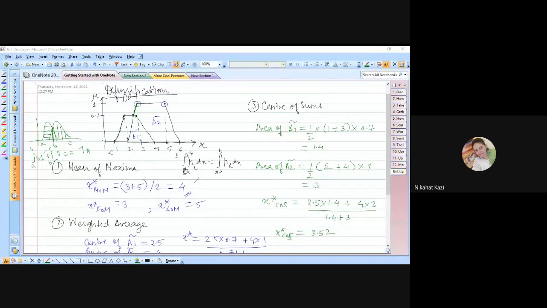And one more thing is that the only defuzzification method that will not work for non-convex is the weighted average method. Rest all will work because there is no problem with the convexity of a particular output that you're looking at.